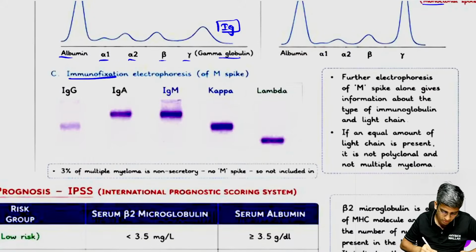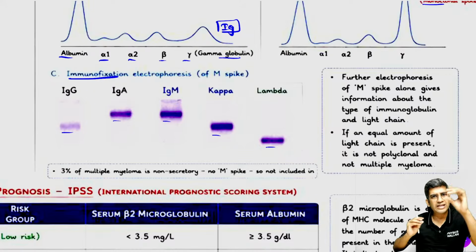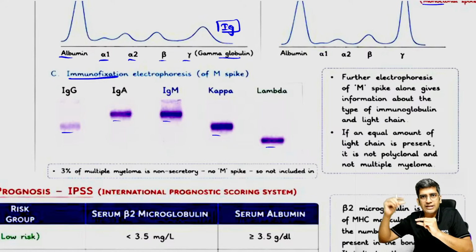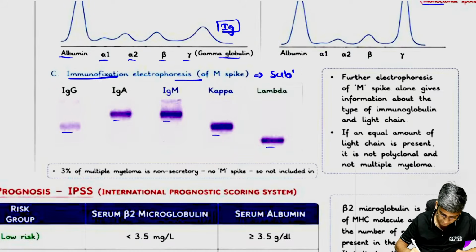That's called immunofixation. It'll exactly differentiate: is it A, is it M, is it kappa, is it lambda? If only IgG and kappa are seen, IgG kappa myeloma. If only IgM and lambda are seen, IgM lambda myeloma, right? Immunofixation exactly gives the subtyping of myeloma.